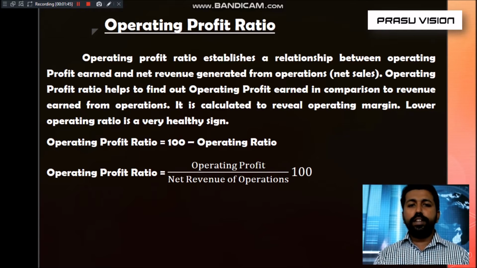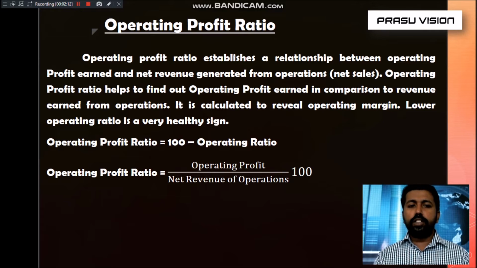Operating profit ratio establishes the relationship between operating profit earned during a year and the net revenue generated from operation, or net sales. It shows the relationship between the net revenue generated from operation and the operating profit earned during a year.